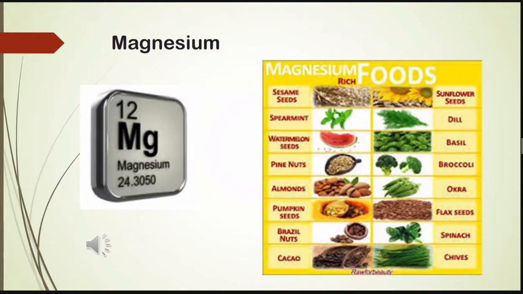The next mineral for discussion is magnesium. Magnesium has the atomic number of 12 with the atomic weight of 24.3050. On the right are examples of foods that are rich in magnesium. If you look at the bottom left portion, you would note that cacao is rich in magnesium. In short, if you want to increase magnesium in your diet, just eat a lot of chocolates.